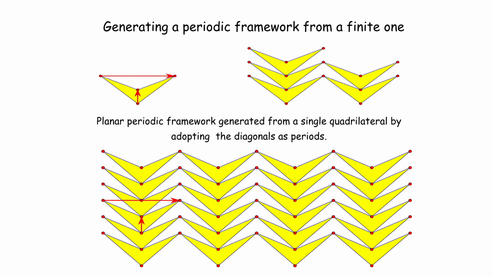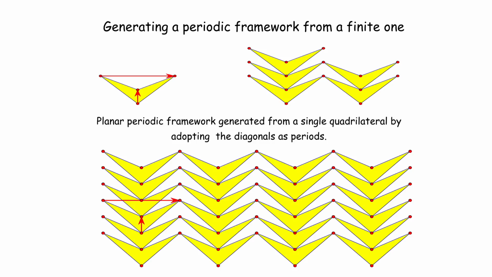So here's a simple example which goes back to the quadrilateral used earlier in Ileana's presentation. So we start with a humble quadrilateral, and we are going to adopt the two diagonals, which are the red arrows, as periods.